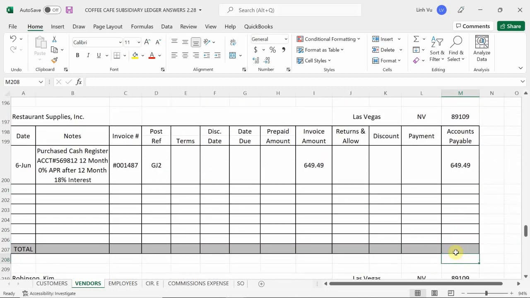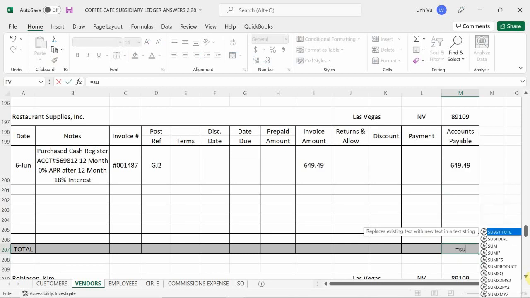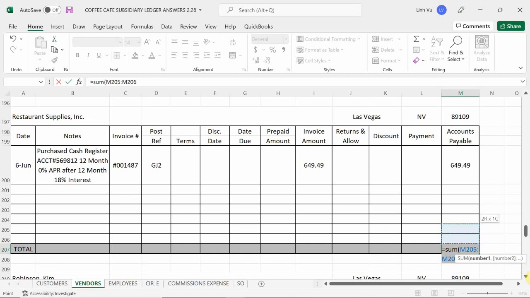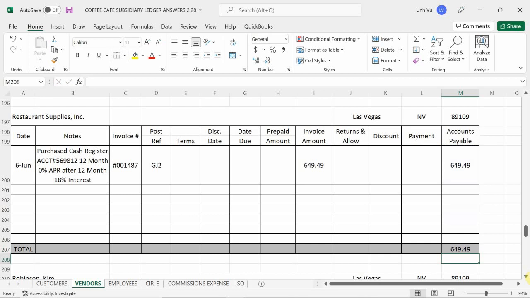So in this case, this gray box here should be an equal sum. So you know how much money you owe in grand total to restaurant supplies as a vendor. So right now, I owe $649.49. Okay. So for instance, let's say I make a return. I end up returning my cash register. That's going to mean I'm going to get back $649.49.